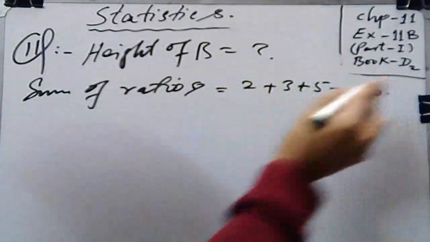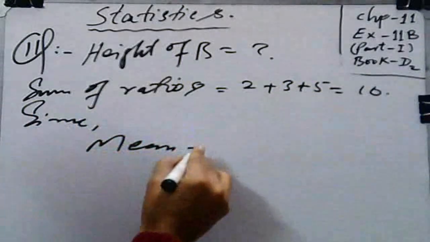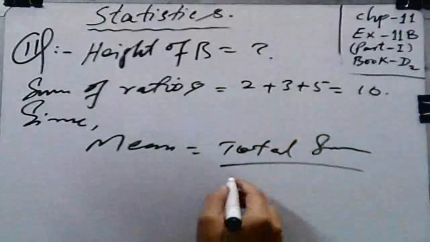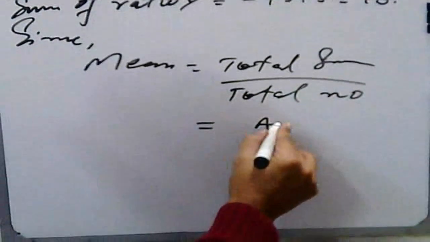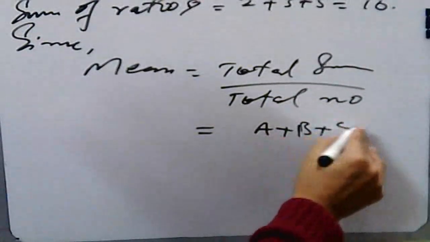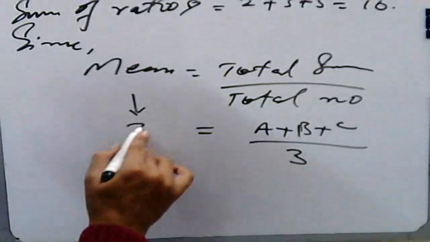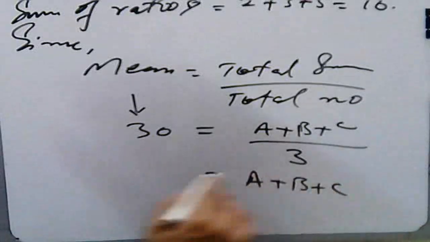How can we find the mean? Total sum divided by total number. So A plus B plus C divided by 3 is the mean, 30. By using cross multiplication, A plus B plus C is equal to 3 times 30, that is 90.